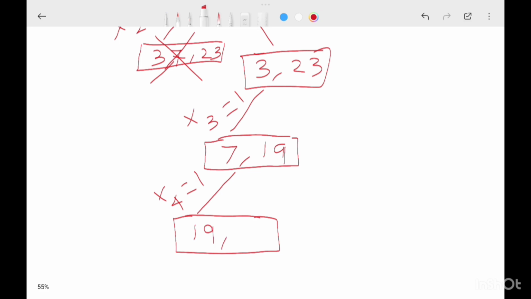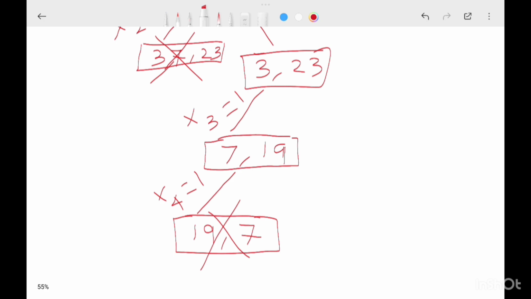The remaining sum is 19, and since the 12 value has been added, the remaining sum will be 19 minus 12, that is 7. But here the first constraint, the sum should be less than 9, has failed. So this is not a feasible state, and it should be killed.